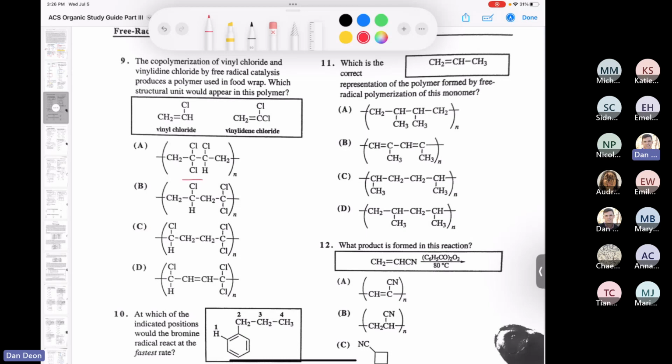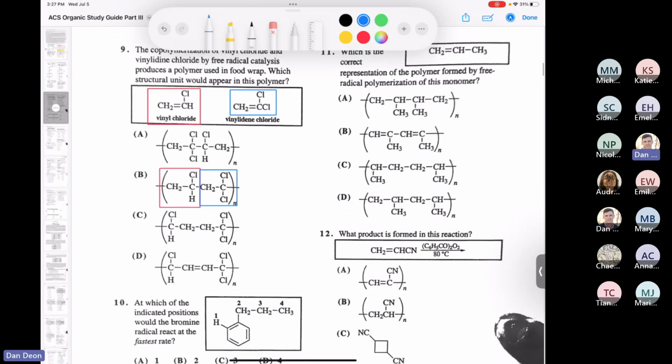So this portion is going to come from the vinyl chloride. Okay, this one here comes from the vinyl chloride. And then this portion here is going to come from the vinylidene chloride. So remember, it's an alternating polymer, Saran. You have vinyl chloride, vinylidene chloride. Right, so you want to add them together in the way that they're written. So you would start with the vinyl chloride, right?